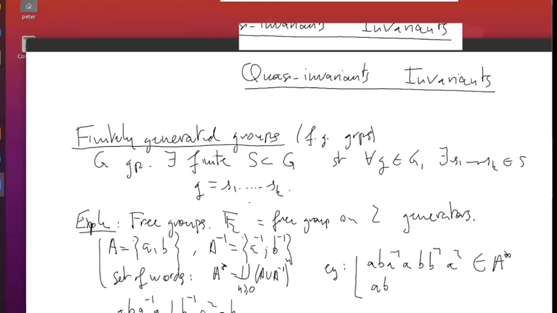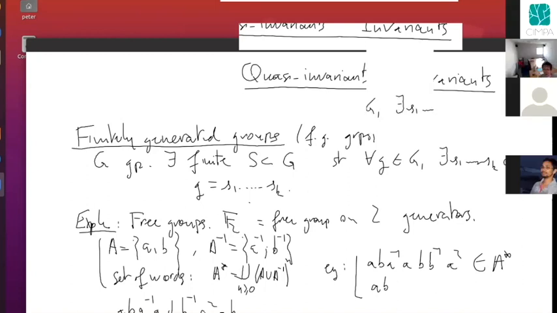And what you can see is that the empty word is a neutral element, because if you add nothing, then nothing happens. But what is missing is an inverse, because here it's really a monoid. So what we do is that we say that each time we see B inverse, we can simplify.